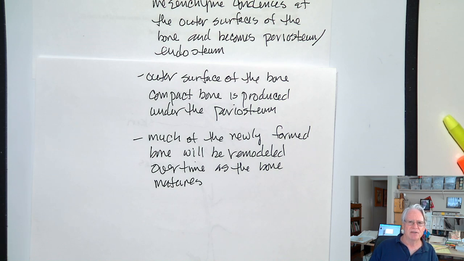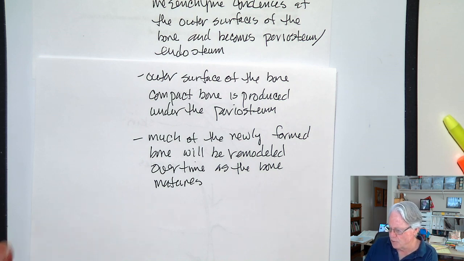So again, much of the newly formed bone will be remodeled over time as bone matures, and that's where we get the interstitial lamellae. That's the leftover remnants of places that have been remodeled and new material has been added.